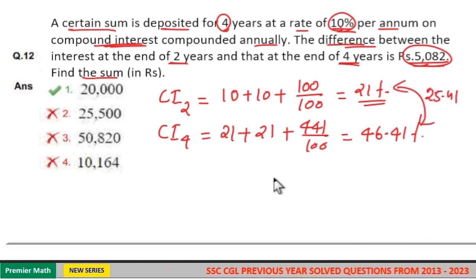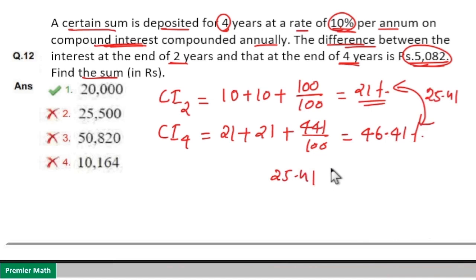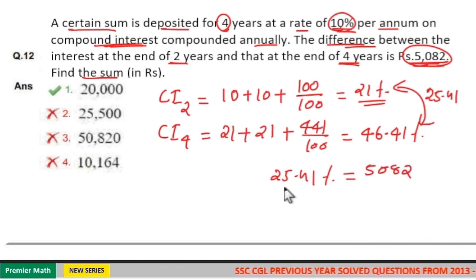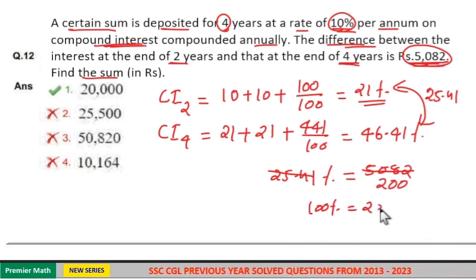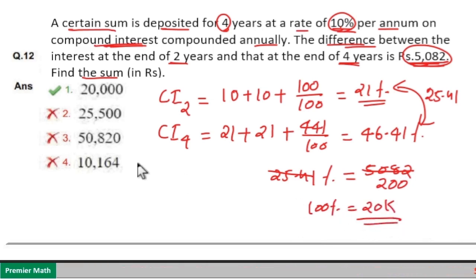Now, this 25.41% is the 2-year compound interest difference, which is given in the question 5082. 25.41 into 2 is equal to 50.82. So, 25.41 into 200 is 5082, which means 100% is equal to 20,000. So, option 1 is your answer.